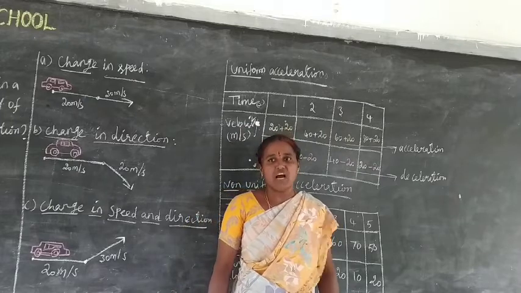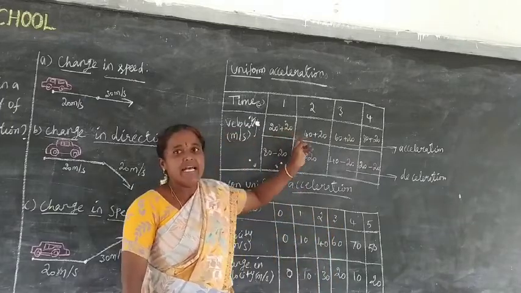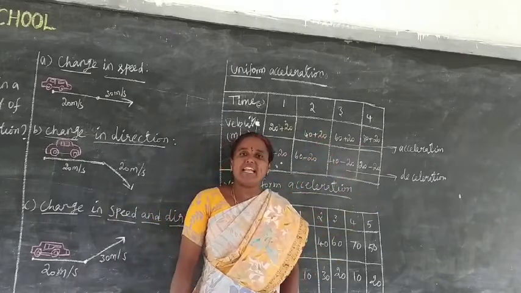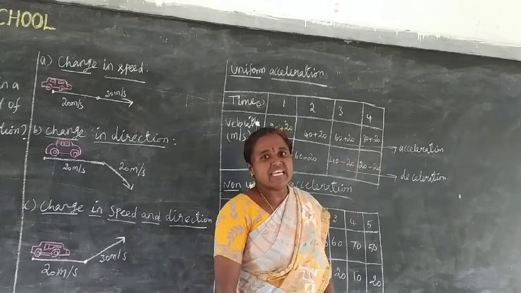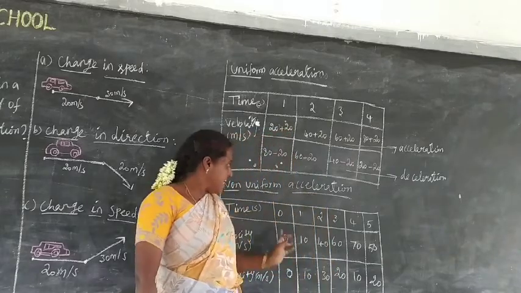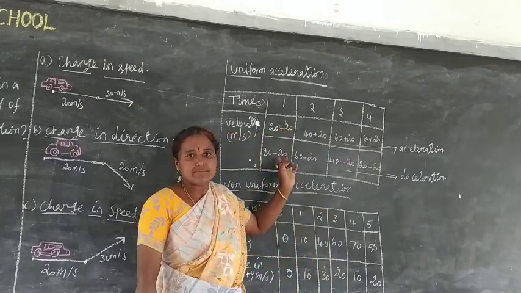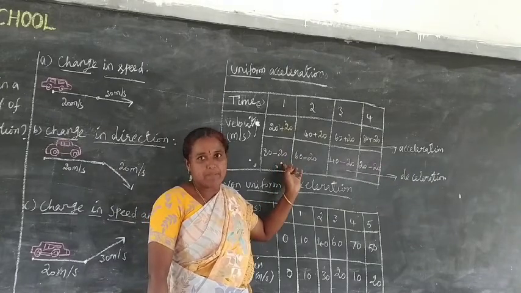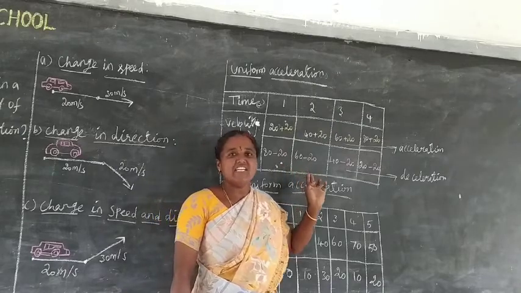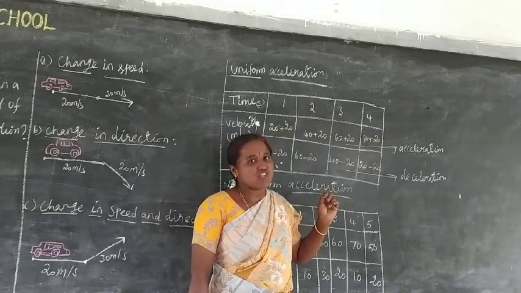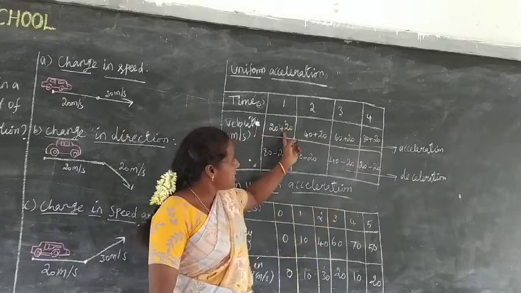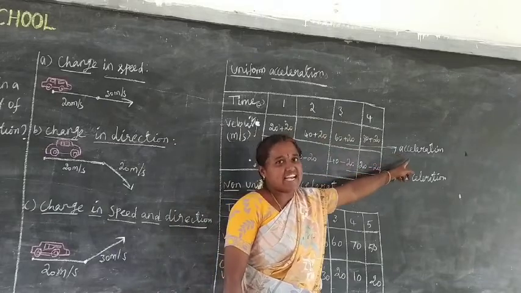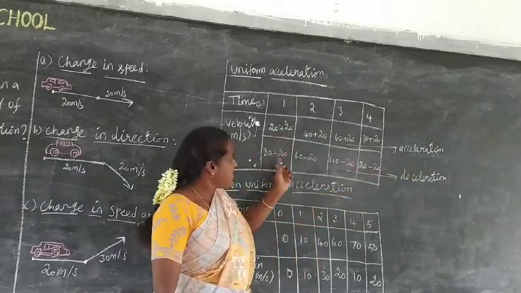When the velocity of the object decreases, look here, decreases by 20 meters per second, the deceleration is 20 meters per second squared. Here the velocity is increasing. This is called acceleration.